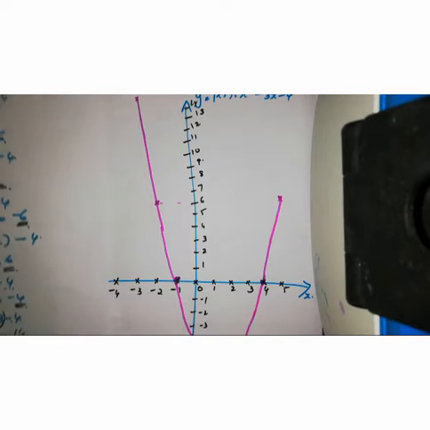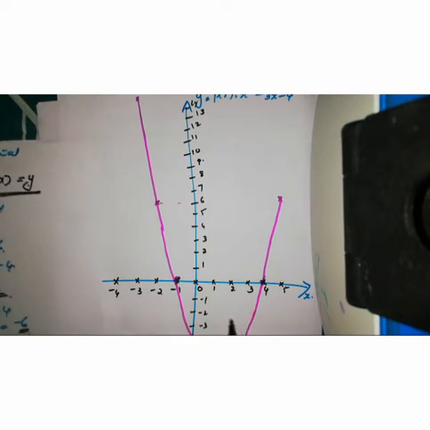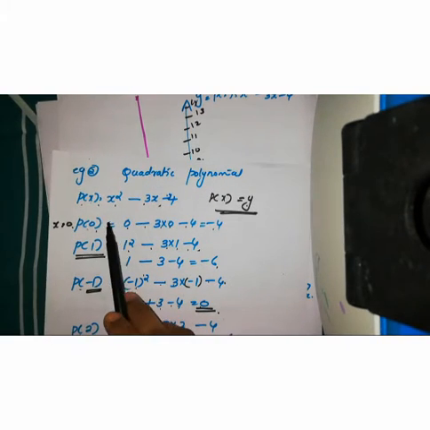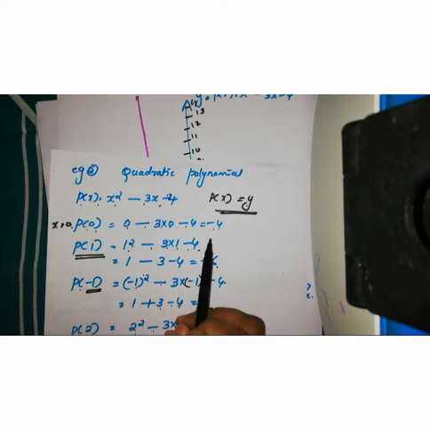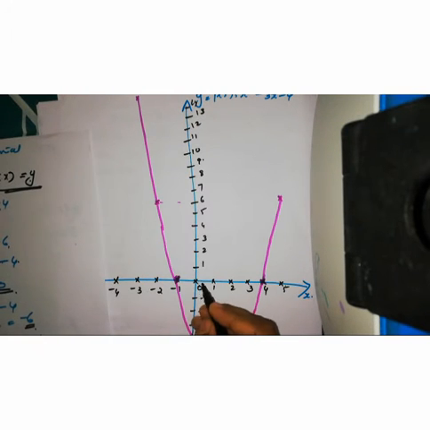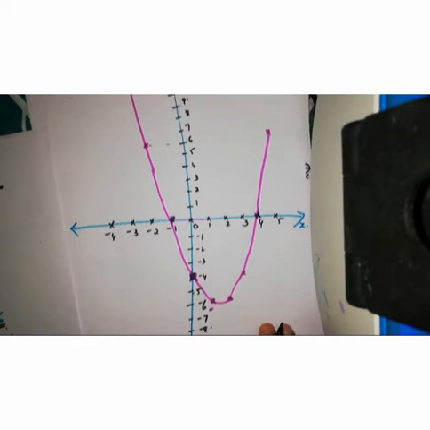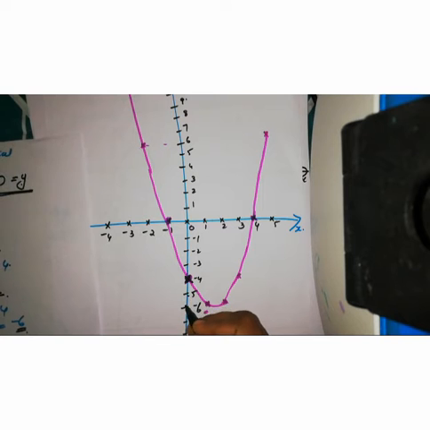Now we are marking these values here. When x is equal to 0, what is the value here? Minus 4. So we got one point.